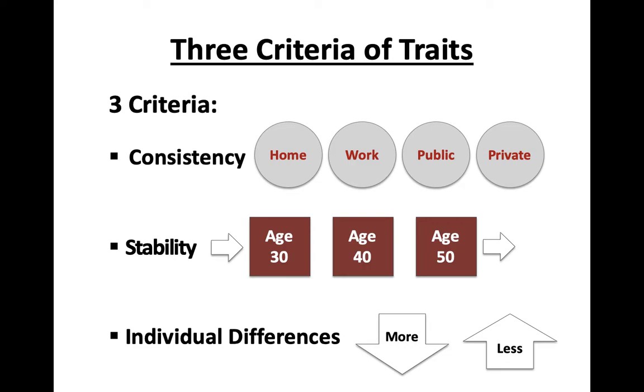And then the third criterion refers to individual differences. So personality traits are a way of distinguishing how people differ from one another. So in order to be considered a trait, it needs to distinguish one person from another. So, for example, using speech would not be a personality trait, and neither is walking on 2 feet.